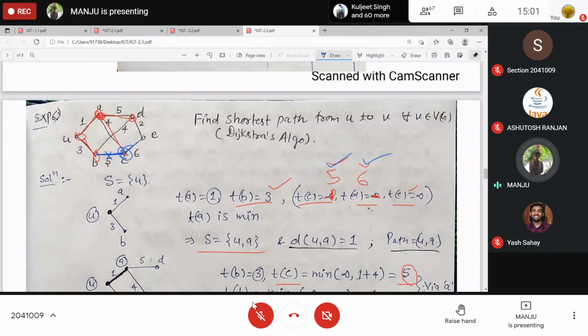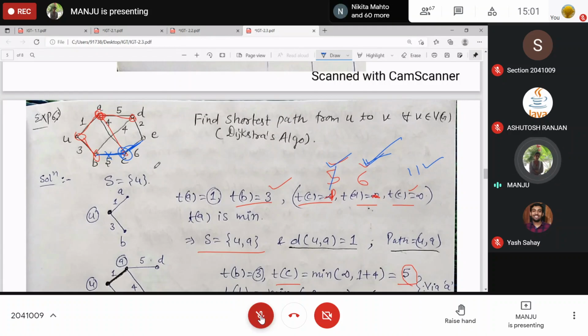Via C to D infinite. So earlier one is okay. C to E, earlier it was infinite, now it comes as 1 plus 4 plus 6. What is it? 11, na? Via C it is 11, and D it will be remaining as 6, and this was already done.